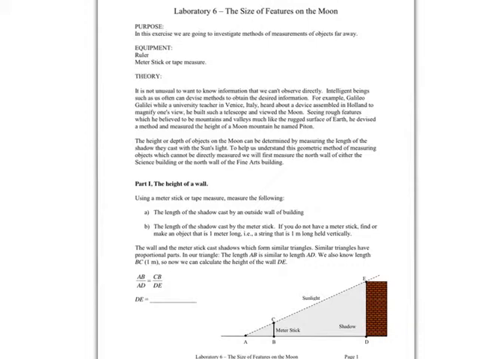And you can solve this equation for DE. And if you're struggling with remembering your basic algebra skills, remember these two fractions, I could cross multiply, so I'd have DE times AB is equal to CB times AD.